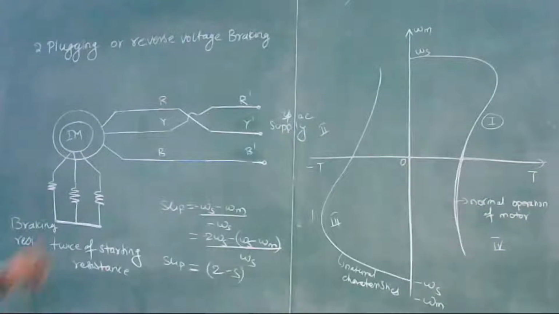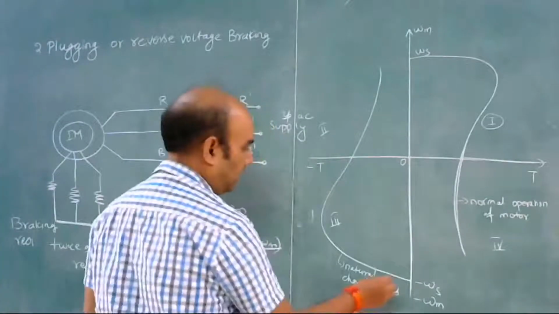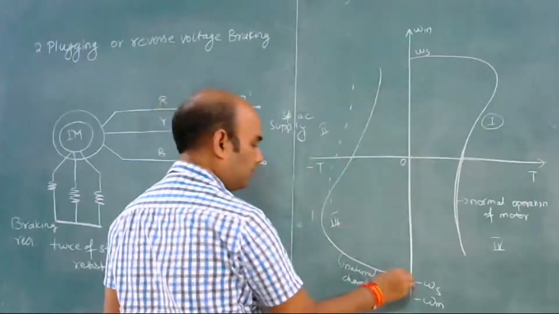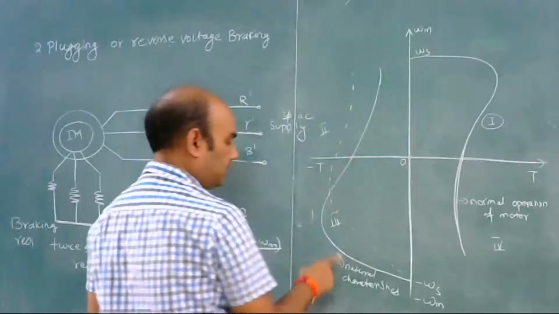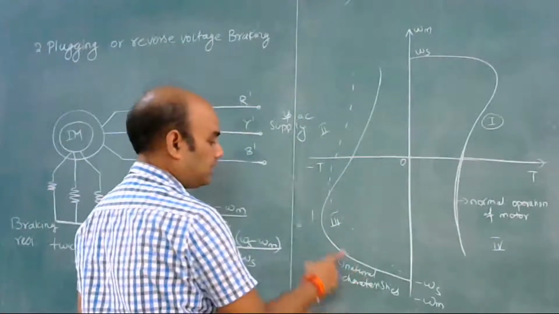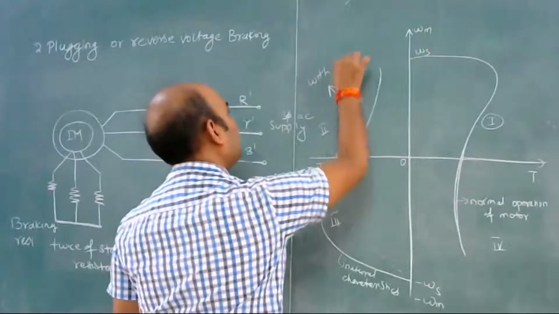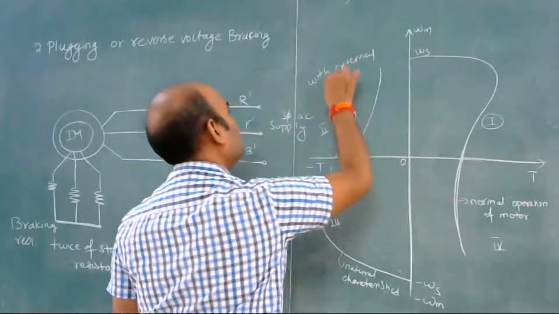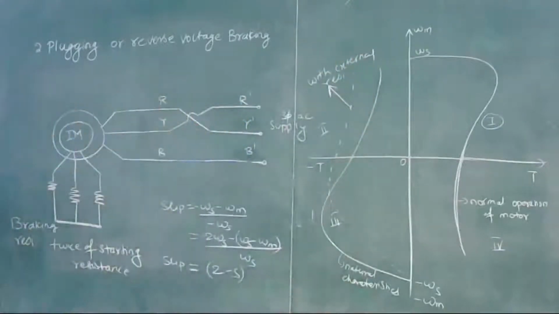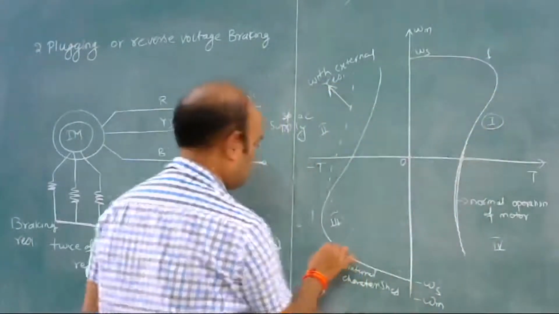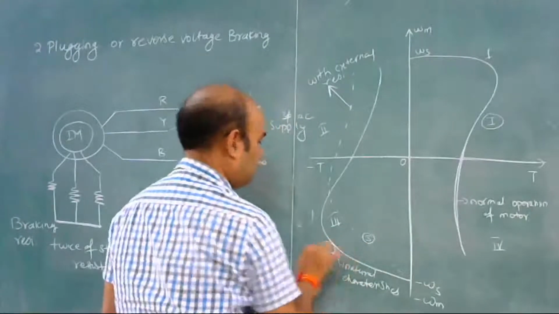Now, if resistance is introduced to this rotor with the help of the slip ring, the characteristics will change. This is without resistance introduced, and these are the characteristics with external resistance. Let's suppose this is characteristic 1, this is 2, and this is 3.